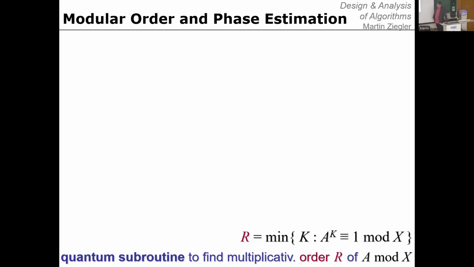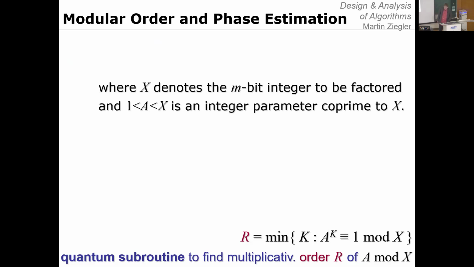It's related to phase estimation by considering one particular unitary transform given and fixed these coprime integers a and x. They're supposed to be m-bit integers, so x is less than 2 to the m. And here we define a unitary operator on m qubit states.